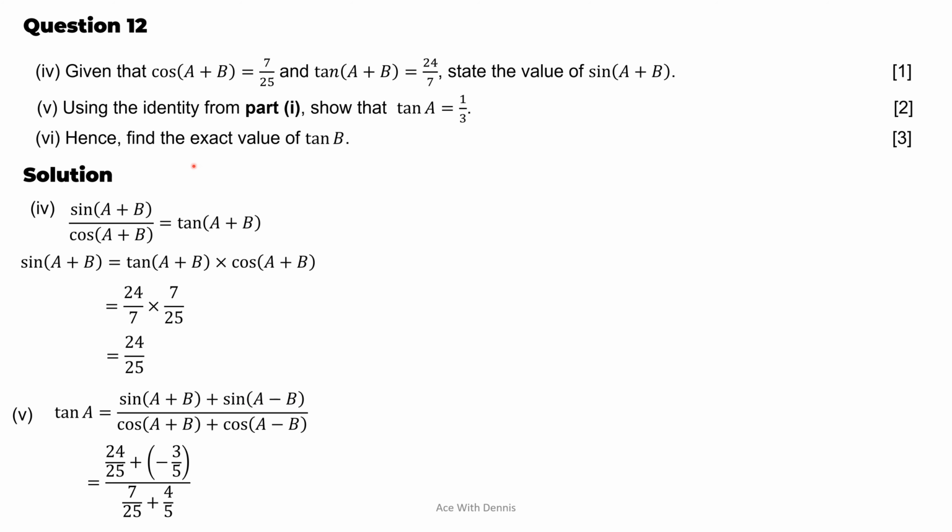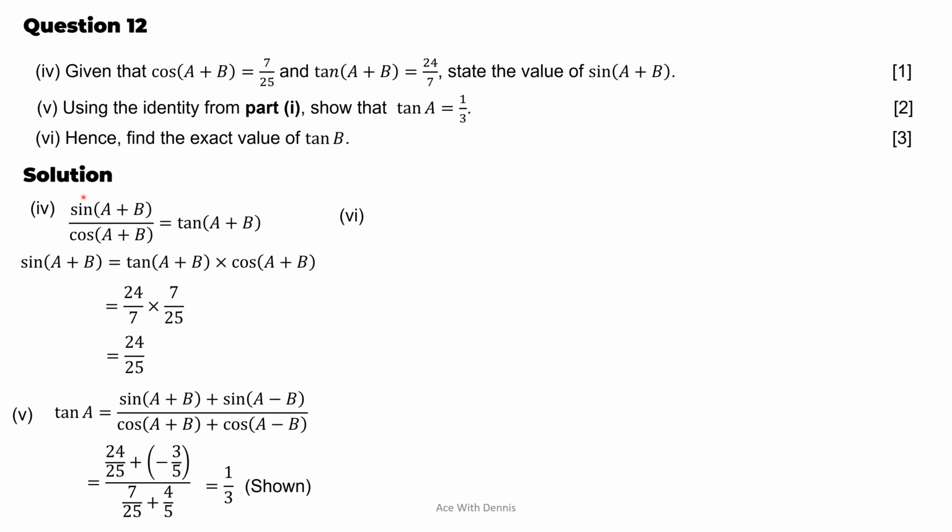Sine (A minus B) from the previous question is negative 3 over 5. Cosine (A plus B) given is 7 over 25. And cosine (A minus B), we can get the value from the previous question. The value is 4 over 5. Then calculating the values, we get 1 over 3. Hence shown.